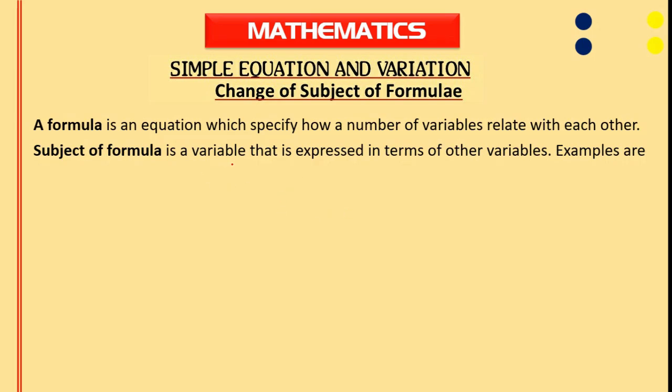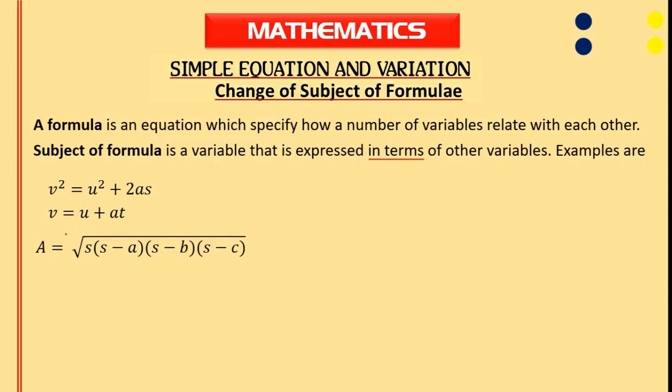Take note of the words 'in terms of': when they say express something in terms of another thing, it means that the whole of that thing must be equal to that thing. Examples are v squared equals u squared plus 2as, from equations of motion, and v equals u plus at.